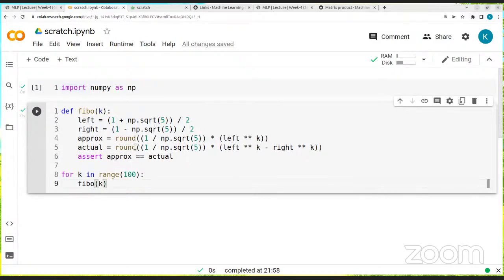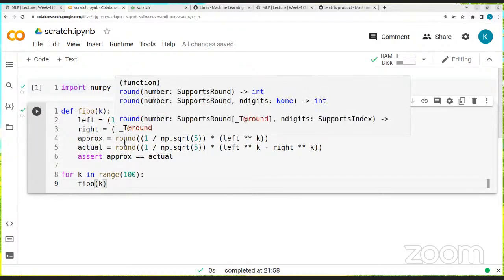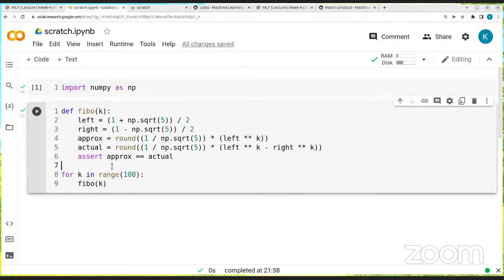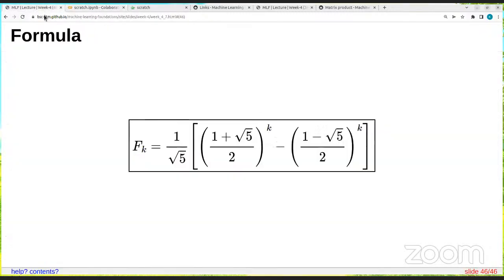Yeah, if the first few values satisfy it, then the error only goes on decreasing, right? True. So this is a very powerful formula then. You can just throw away this part and say that rounding off 1 by root 5 times this will give you the kth term of the Fibonacci sequence.